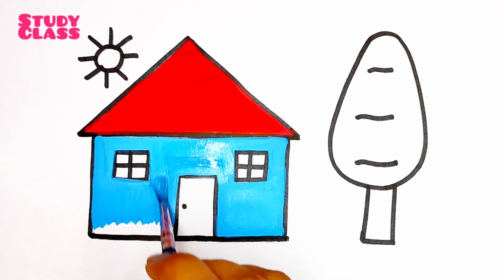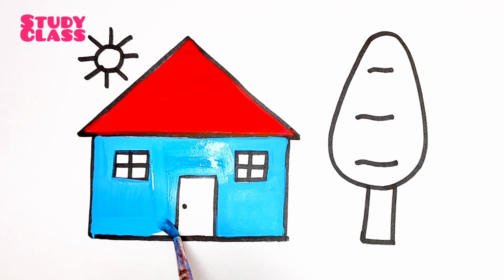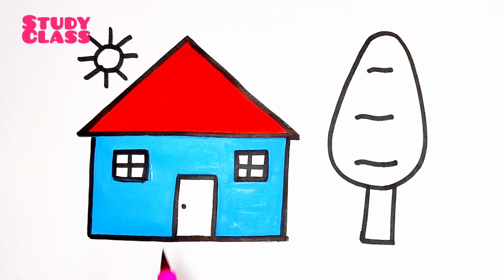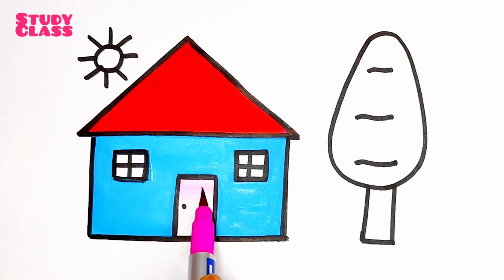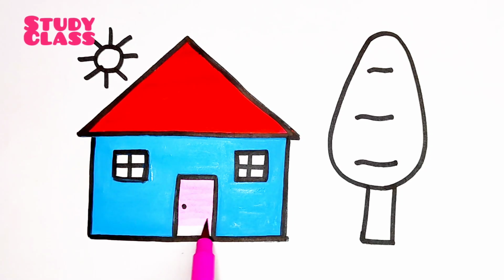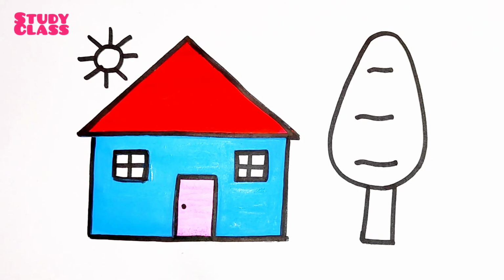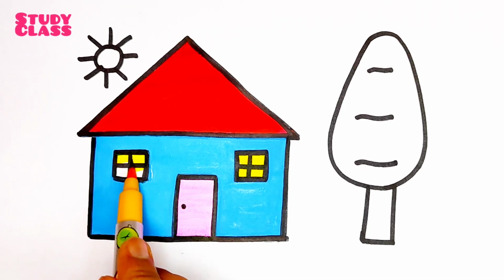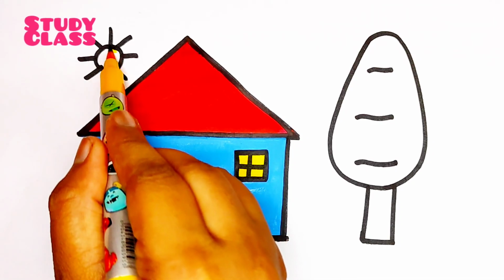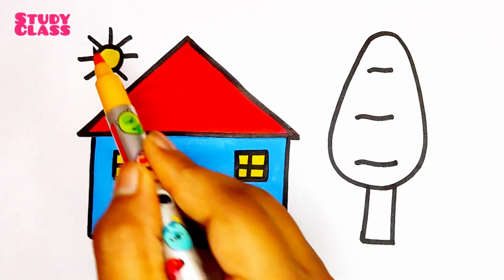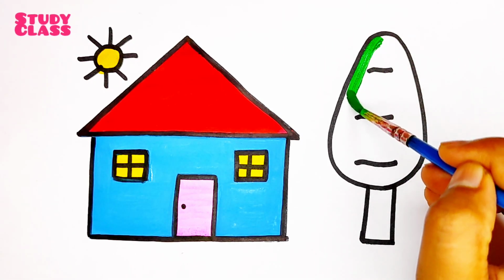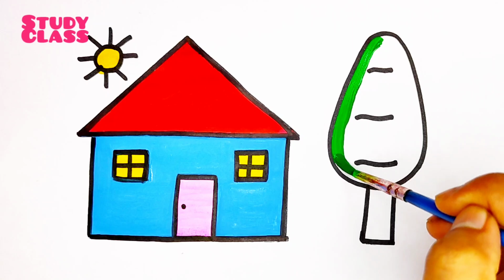Blue color. Pink color. Yellow color. Here, we use green color to color the tree which is beside the house.